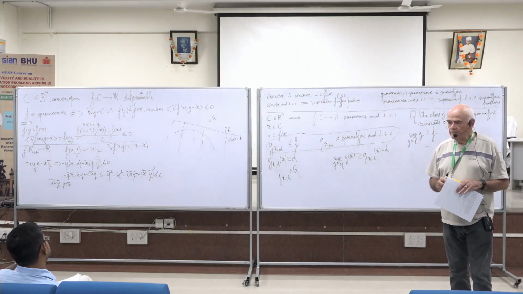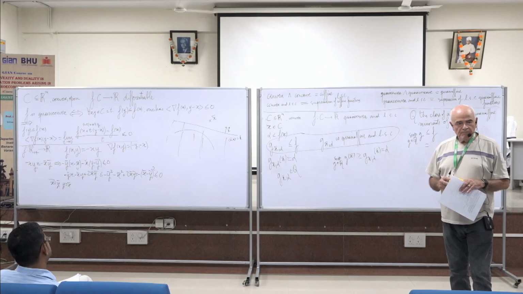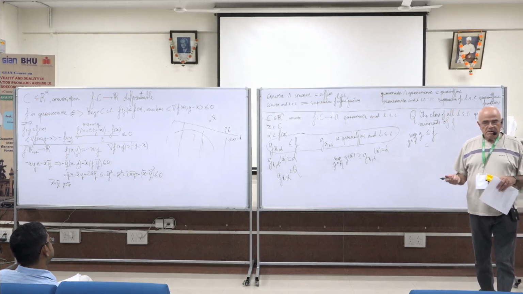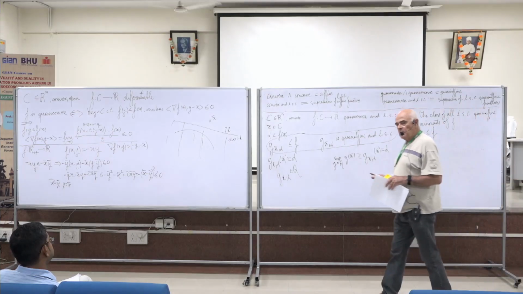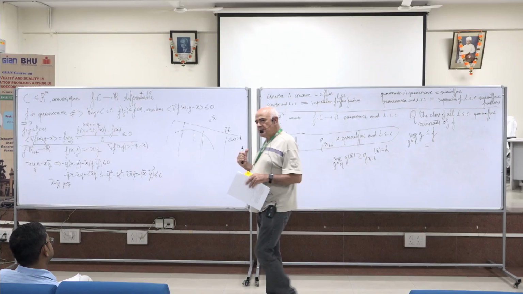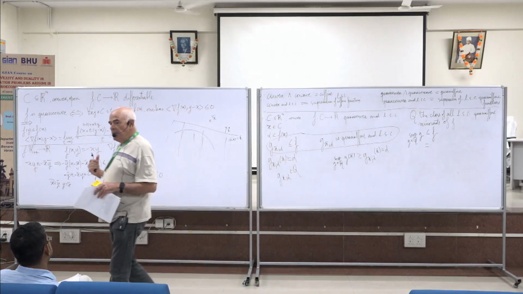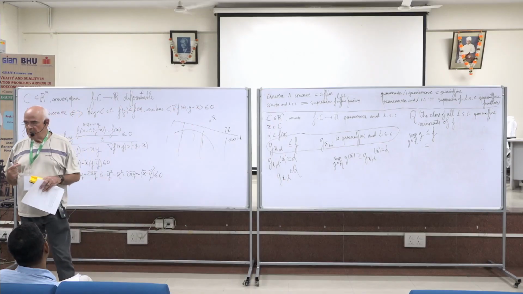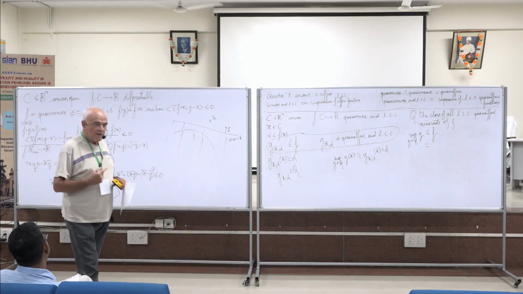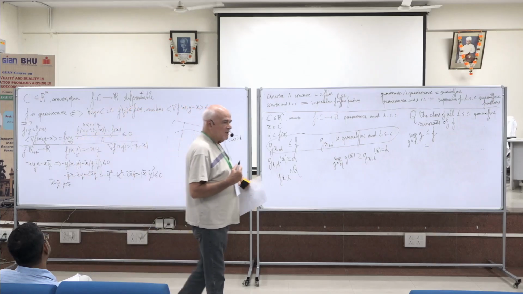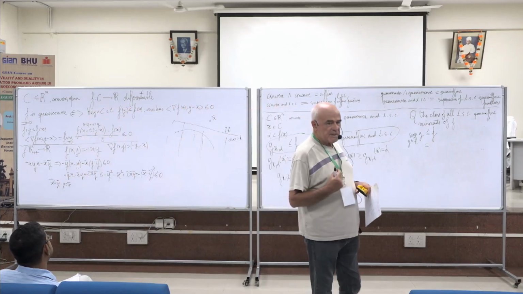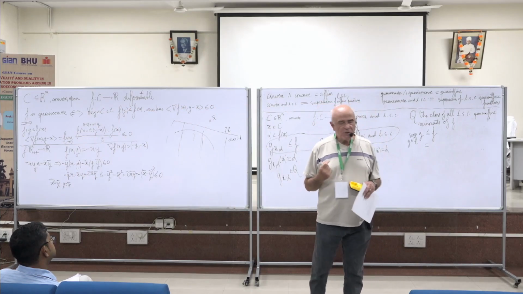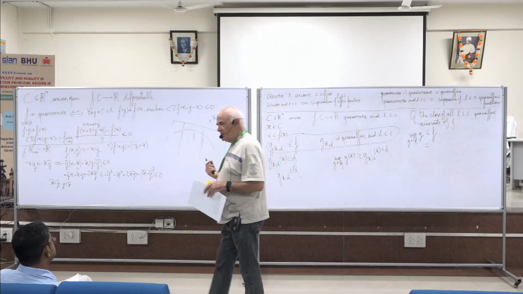Is this clear? I could tell you more about these things. First of all, I gave this statement for simplicity, but it's not my favorite statement. Why? Because lower semi-continuity is not the most appropriate notion to deal with quasi-convexity.